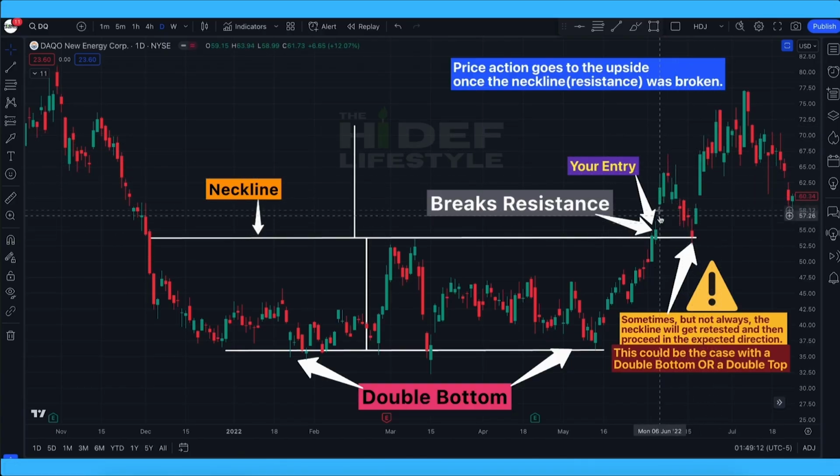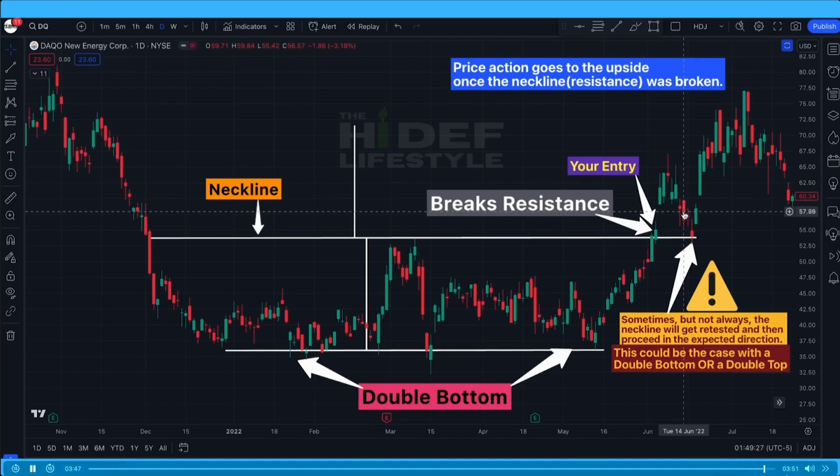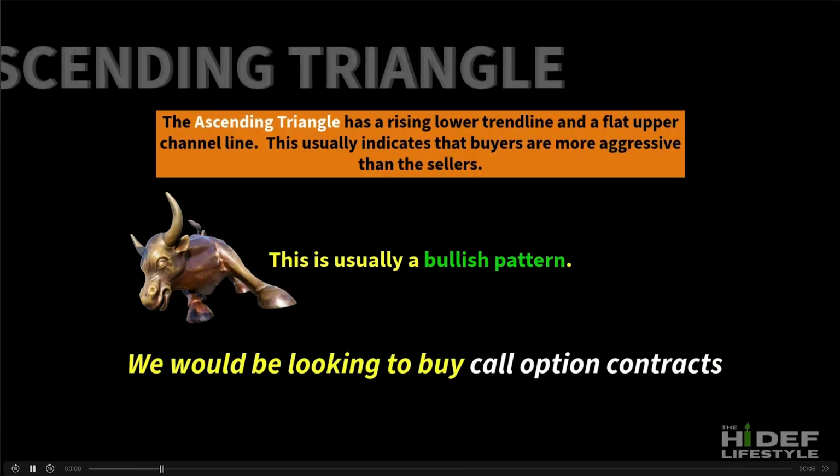But this doesn't always happen. Sometimes it will just continue to go up, and it won't retest. So it's just something to keep in mind when you're in a play. It could retest or it might not. But either way it goes, I just wanted to touch on those two things for you.